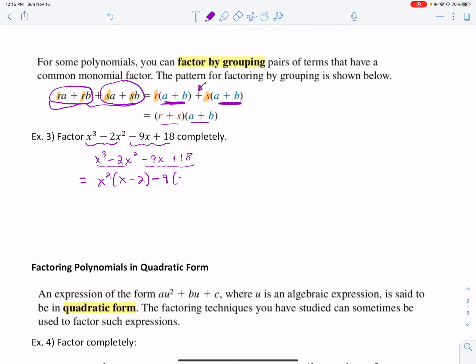And if I take out a negative, it's x minus 2. You got to remember, positive 18 divided by negative 9 is negative. And then these two match, so that means that's good. I can pull those out and put those at the end, and it leaves me with that x squared minus 9.